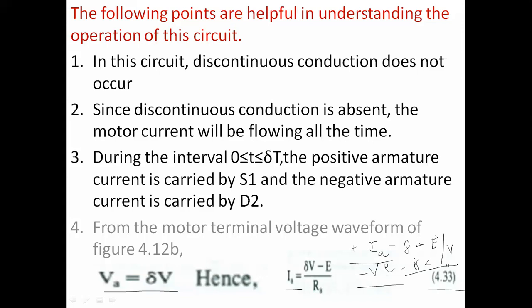For a given delta, a change in speed takes place only when the average value of the current changes, but not the ripple.